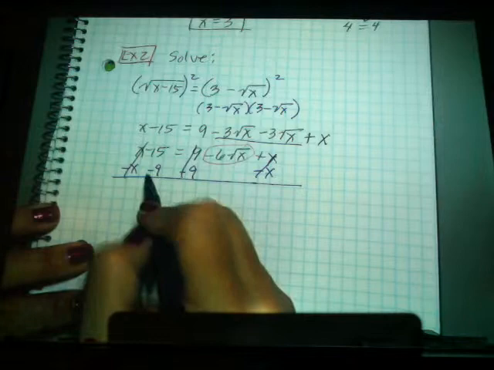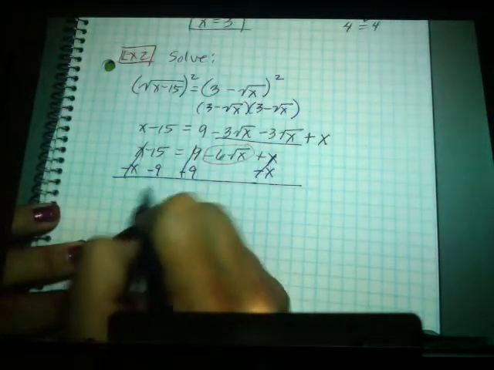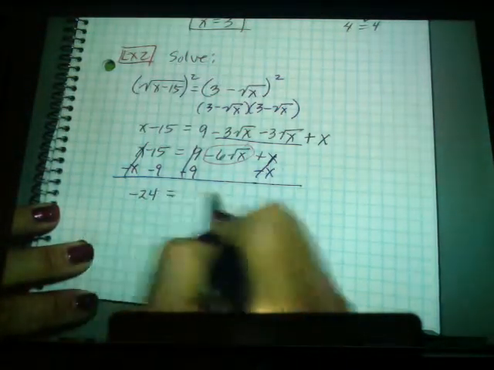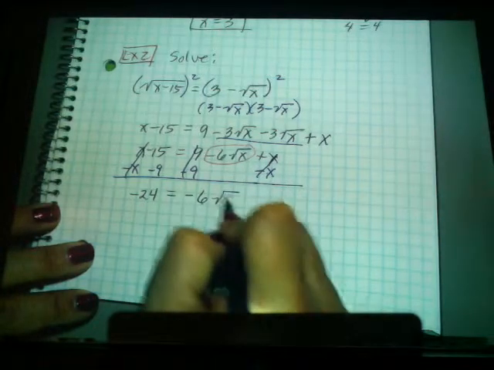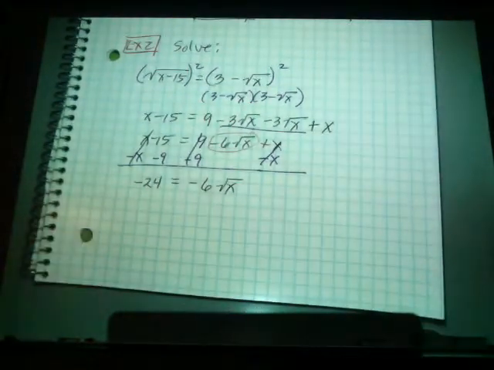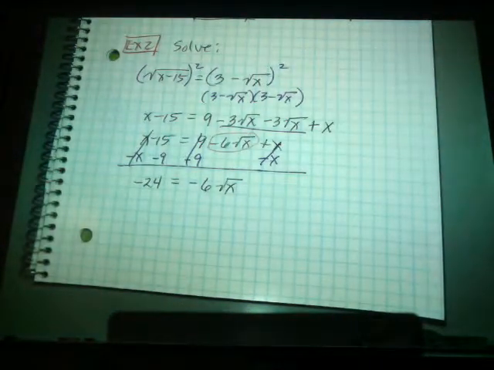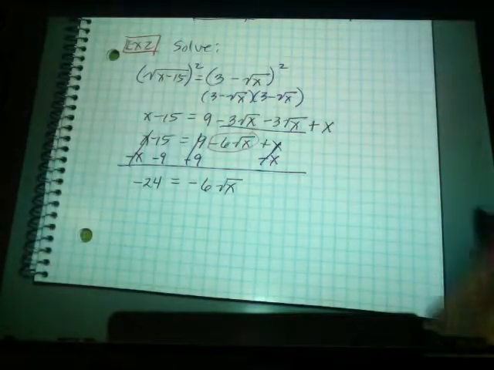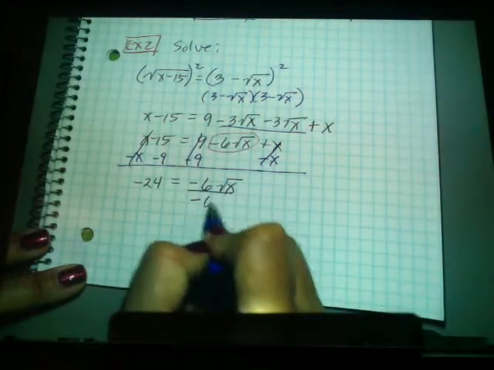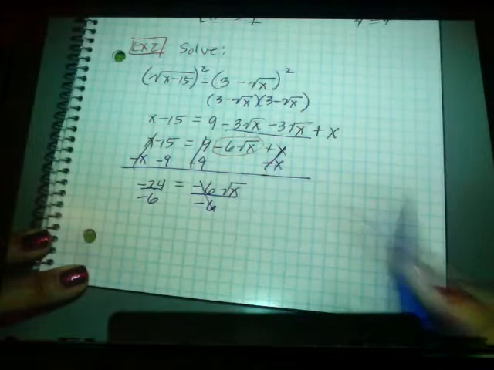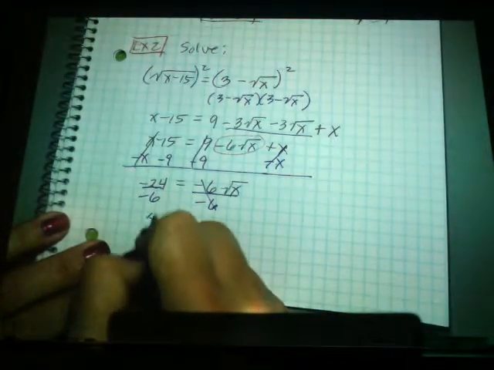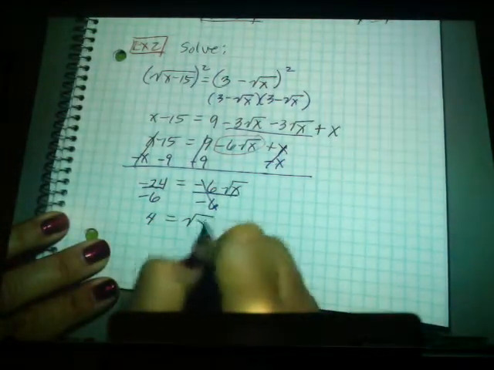And so I'm left with a negative 24 on the left equals negative 6 radical x. Do I have my radical by itself yet? No. So continue, I've got to divide by a negative 6. And so I get a positive 4 equals the square root of x.